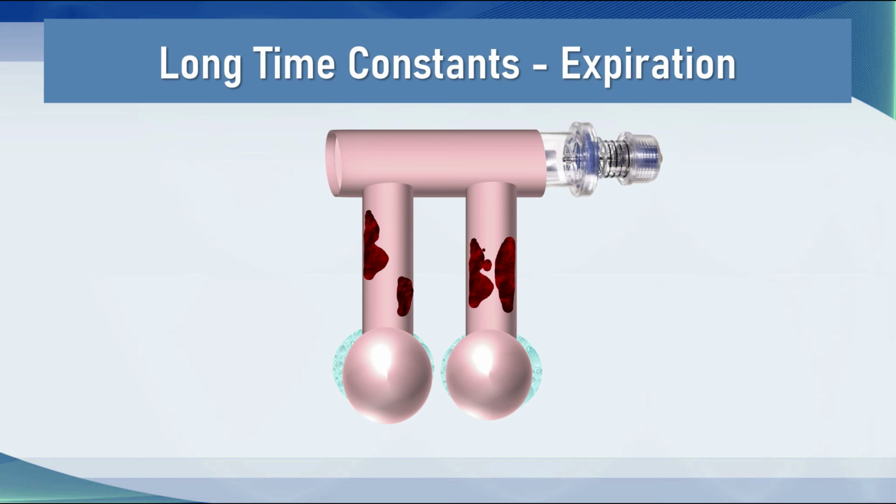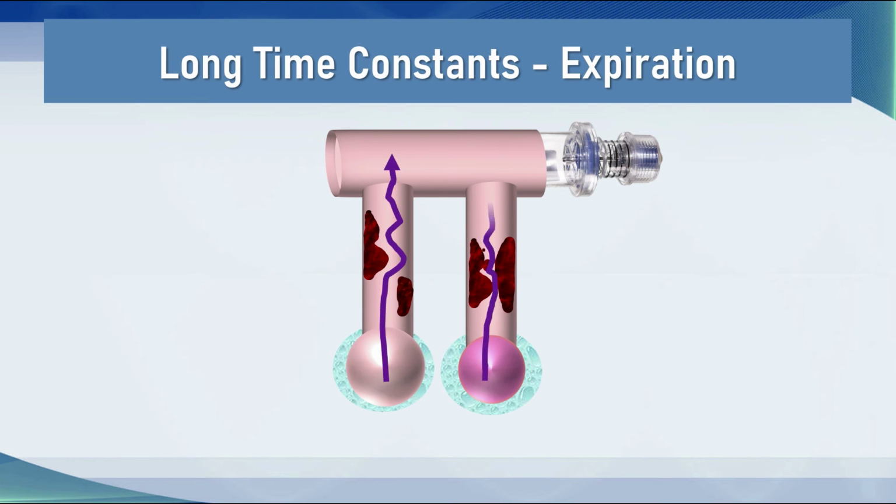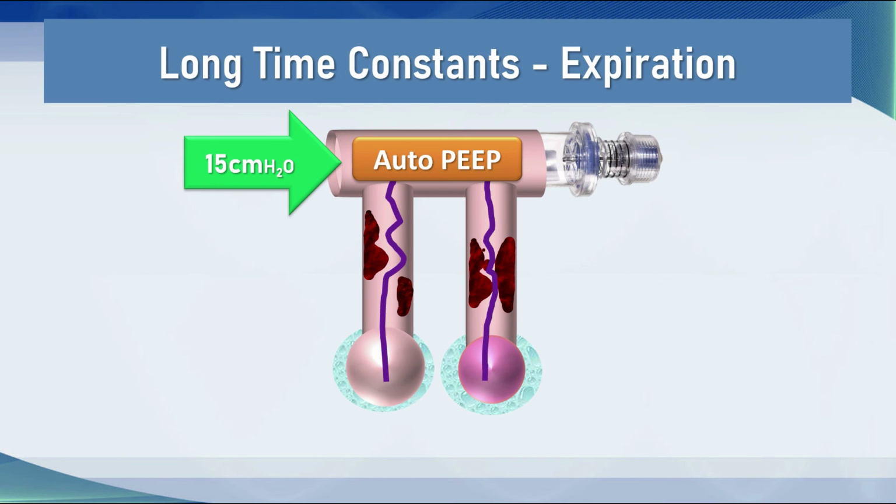Remember that these lung units have long time constants in expiration also, and if you lengthen inspiration, you shorten expiration. As a consequence, the next breath is likely to be delivered before a significant number of lung units have resolved to resting position, and the consequence is auto-PEEP.